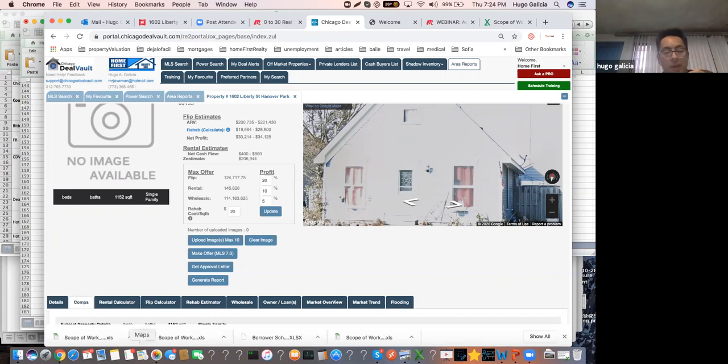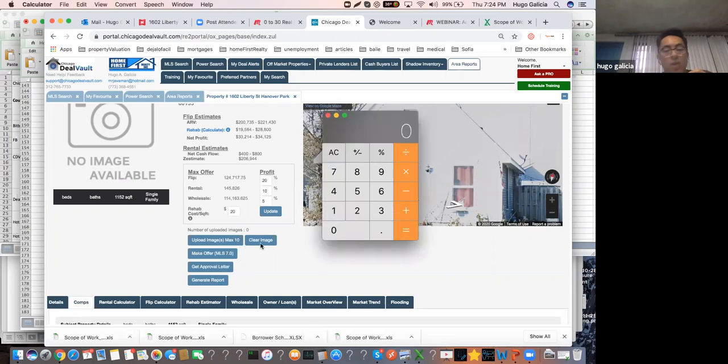So think about this. Let's just quickly find out what the max allowed offer should be. So this property, I think the most it's going to price for is 185 ARV after repairs have been made. We're going to multiply this by 70%. I'm going to compute the flip max allowed offer, okay? And to that, we're going to subtract the rehab.